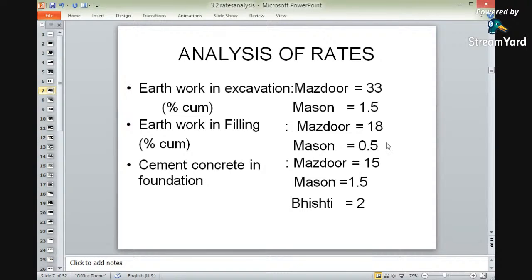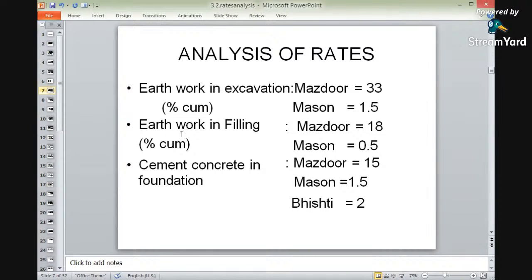It is not that this 1.5 is to be taken in a particular way. They have calculated for quantities, but for percentage quantities it has come in the form of fractions. These fractions will then be multiplied with the amounts and rates in order to calculate the cost of any structure. It doesn't mean that this 1.5 will come as such. It is just the fractions, but it will be multiplied with the total size of the earthwork in excavation. In that way we will find out the quantity of masons.